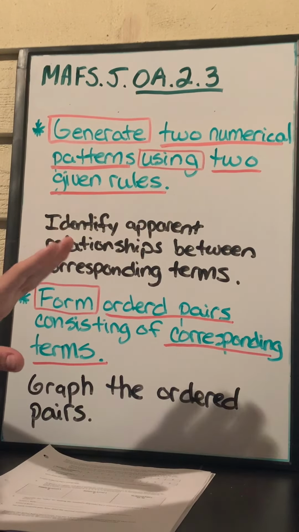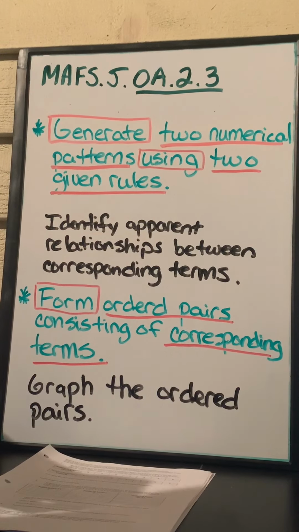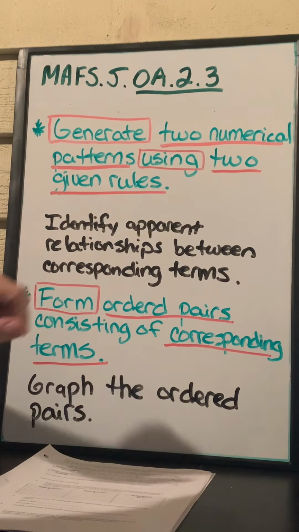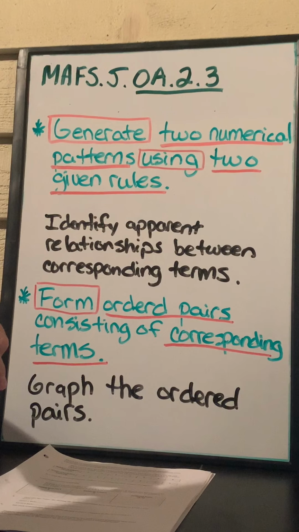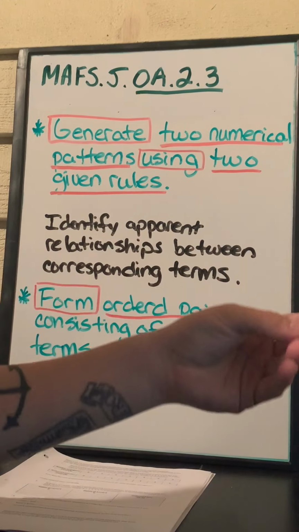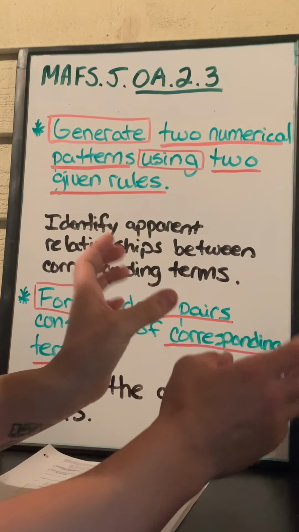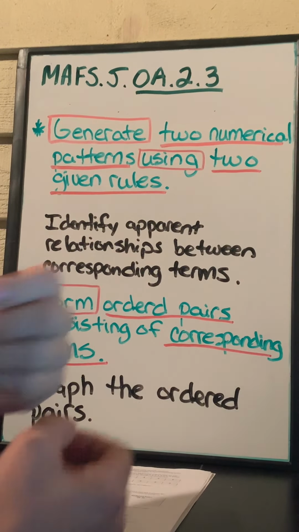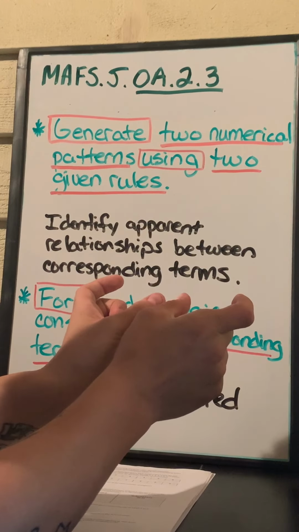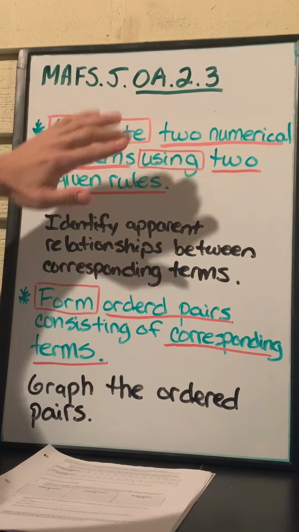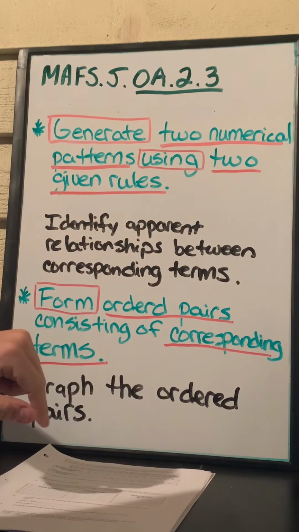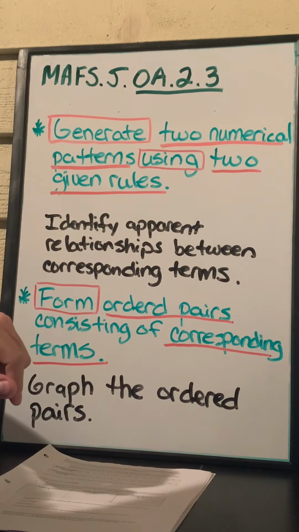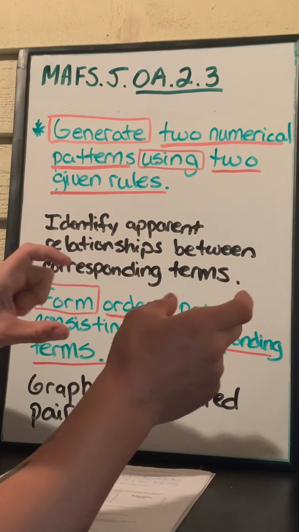The second part of this, after we generate two numerical patterns, is we're going to form ordered pairs, and they're going to consist of corresponding terms. Now, ordered pairs, if you remember, are your X and your Y, and they form a point. Just like in class when we played Battleship, ordered pairs are your X and Y coordinates. So based on these two numerical patterns, we're going to form ordered pairs, and they're going to consist of terms that are related.